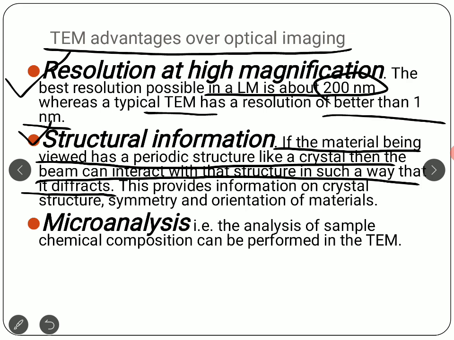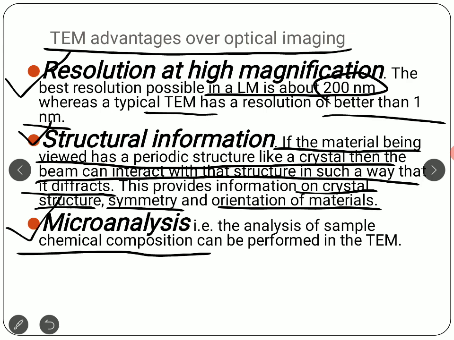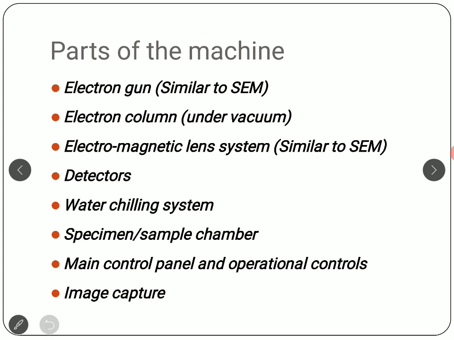So this provides a lot of information on the crystal structure, the symmetry and the orientation of the material. Moreover, microanalysis can be done. That means we can also talk about the chemical composition using TEM. Please remember, TEM usually doesn't give you any kind of colored images. This is nothing but a contrast of different electron images, the signals.